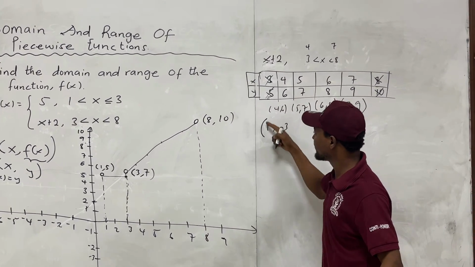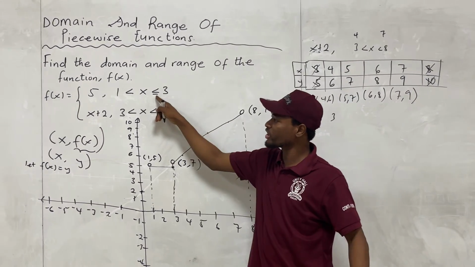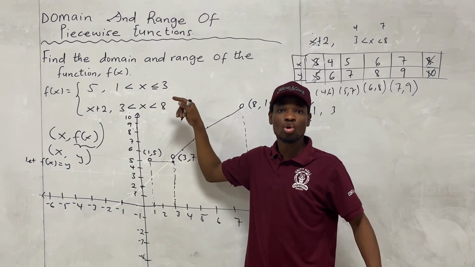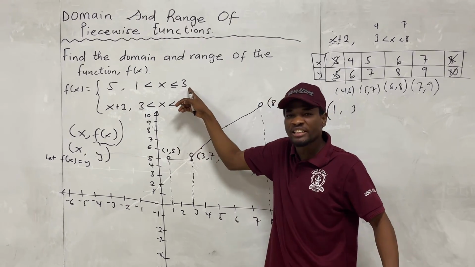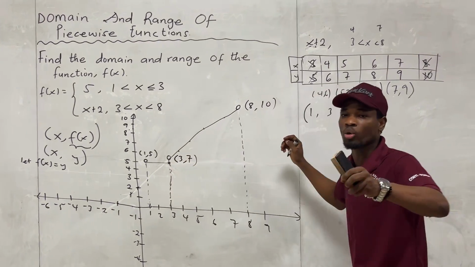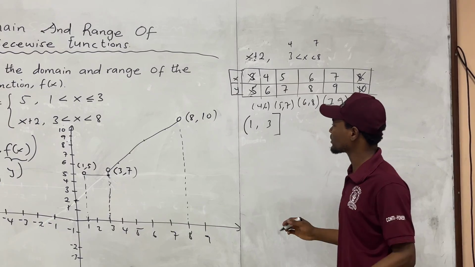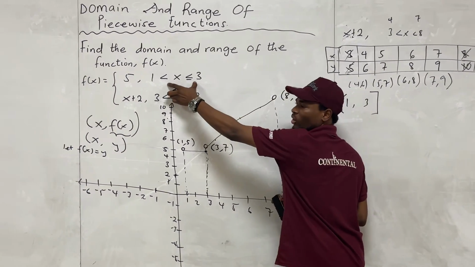When I use this, it means it is open at this point, and this side means that place is included. In other words, it is closed. So when I say something is closed, that means it is included. It is inclusive, so it is closed. This is the notation for closed. As simple as that. So this is the domain for this, okay?